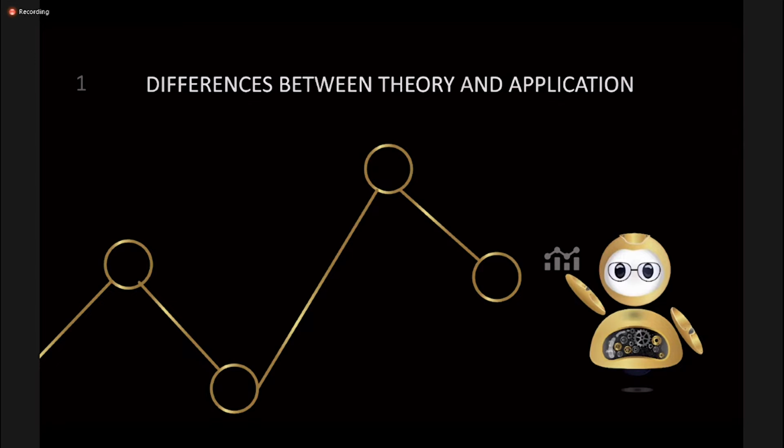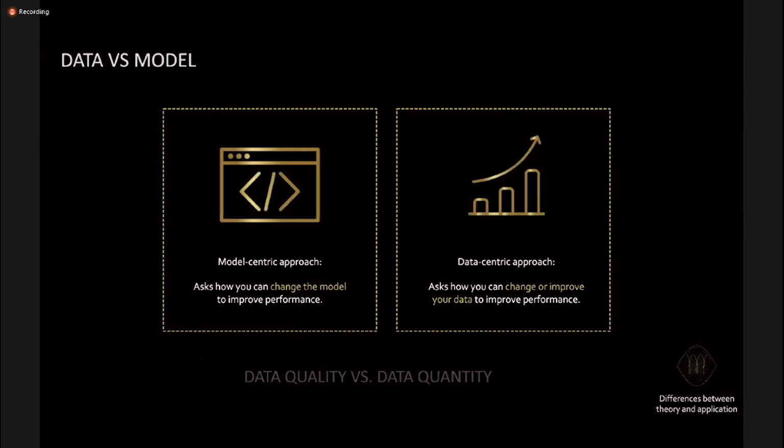So to begin, in this first part, I'm going to talk about the difference between theory and application. I want to start with data versus model. When you are learning data science or artificial intelligence, you always have a model-centric approach.